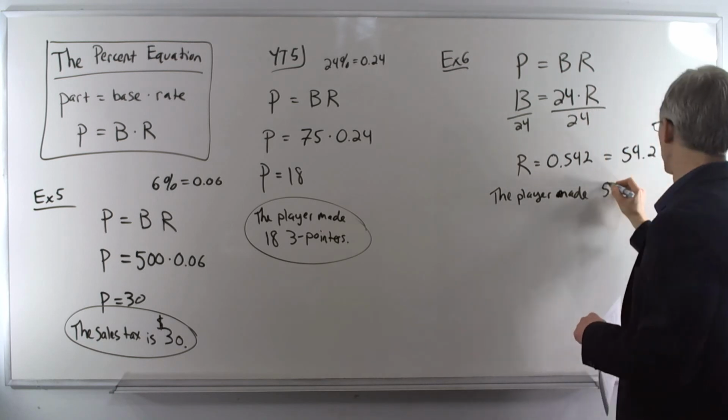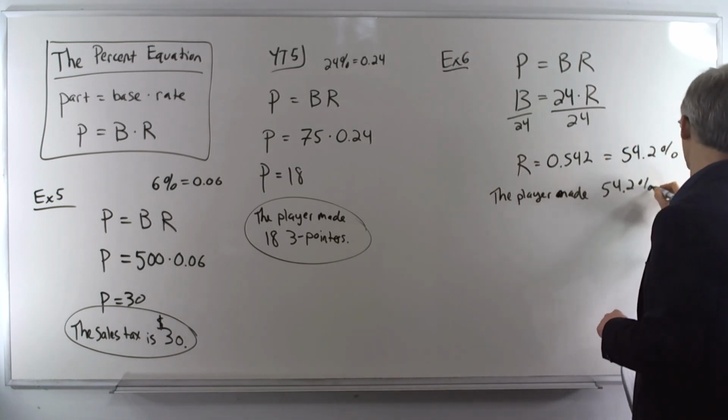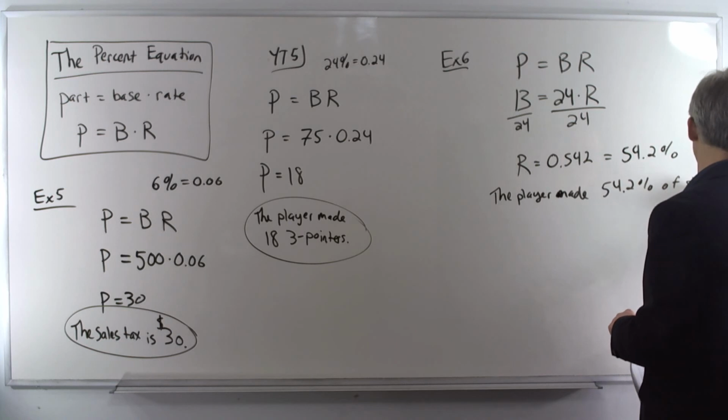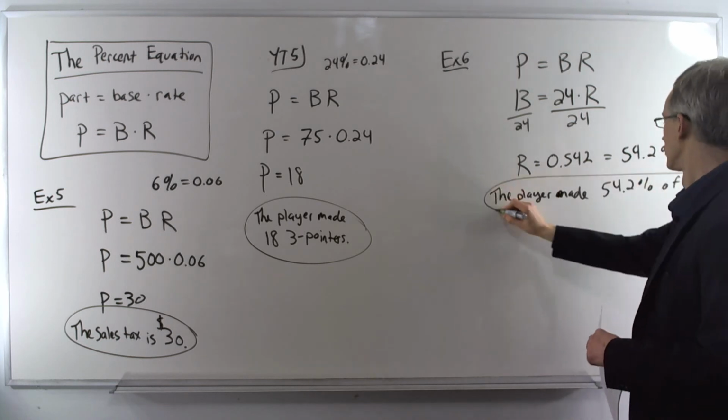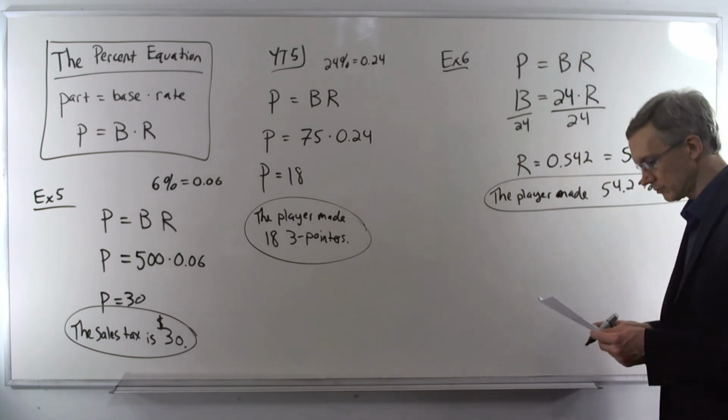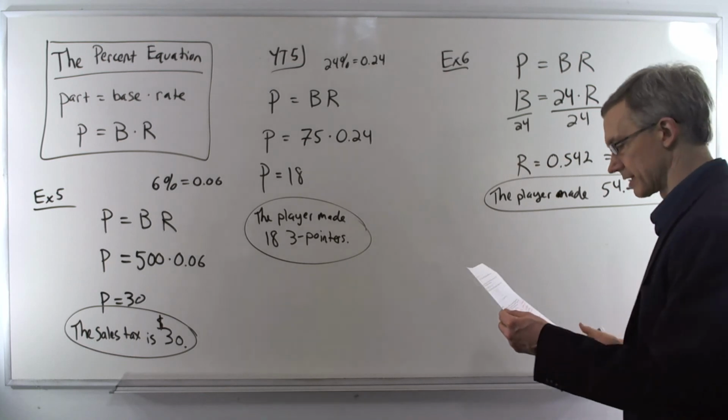So the player made 54.2% of shots. Your turn, number 6.